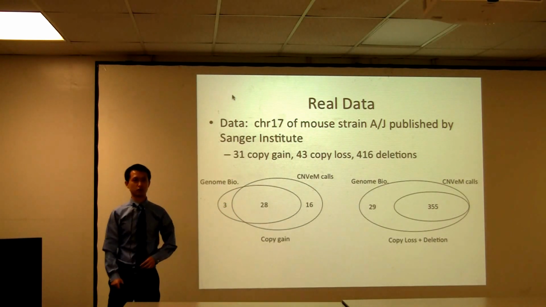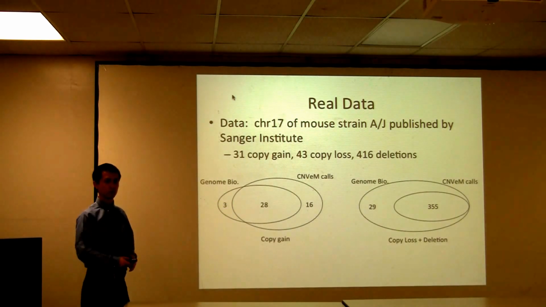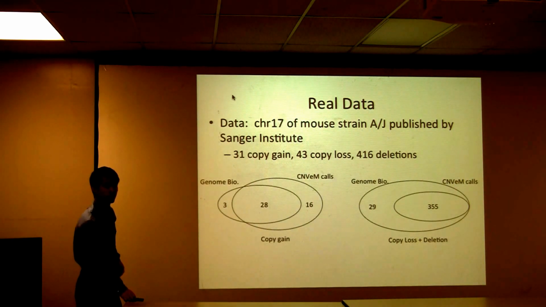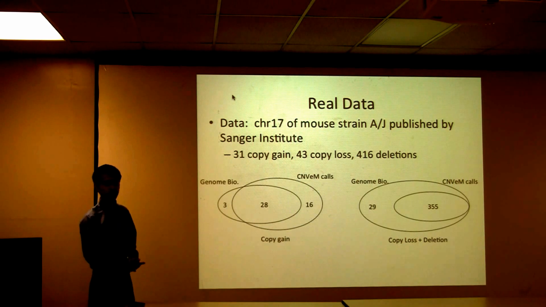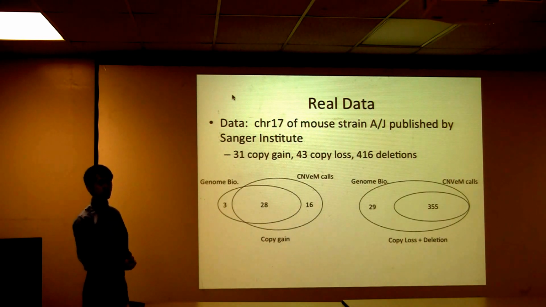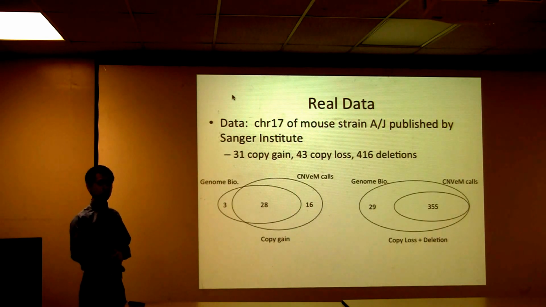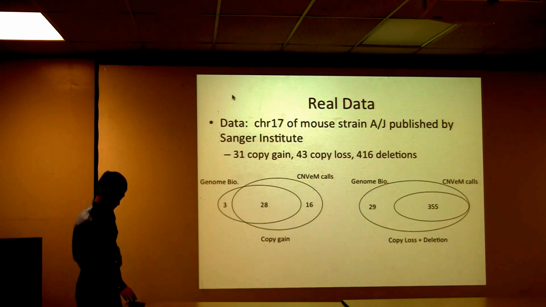So the advantage of your approach is that you can represent how many copies there are? Yeah, we can see exactly how many copies there are, and we can predict the boundary very accurately. So they also use the EM method? No, they didn't use the EM method.